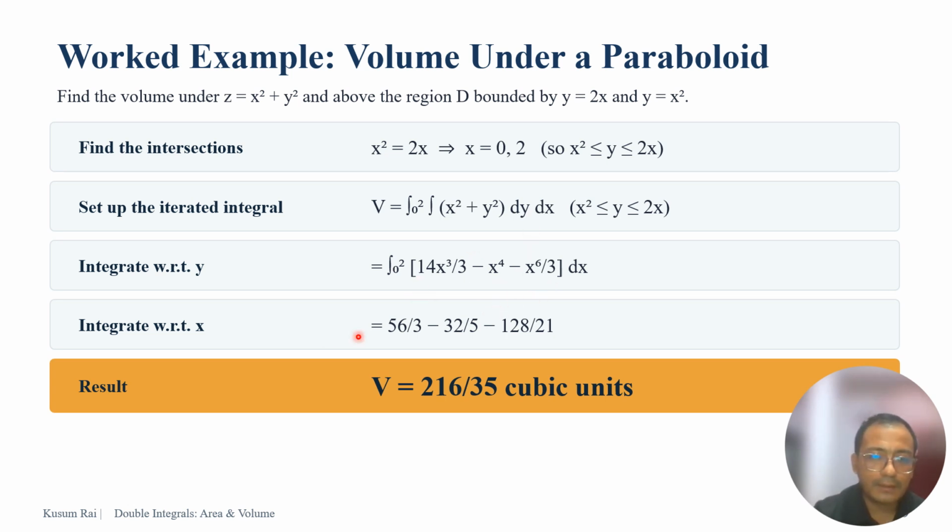Then we also calculate with respect to x, setting the upper and lower limits. So we get the final answer: the volume under this paraboloid is exactly 216 upon 35 cubic units.